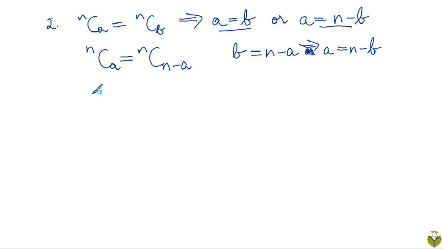So let us do a problem which will make this more clear. I'll go to the next page for the problem. So the problem is, if N choose 9 is equal to N choose 8, find N choose 17.